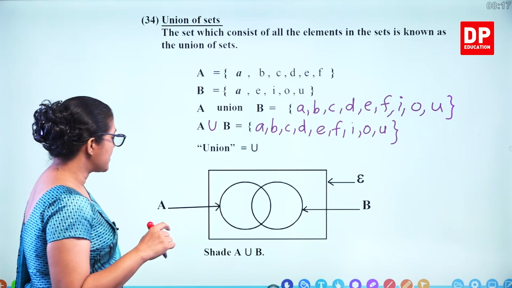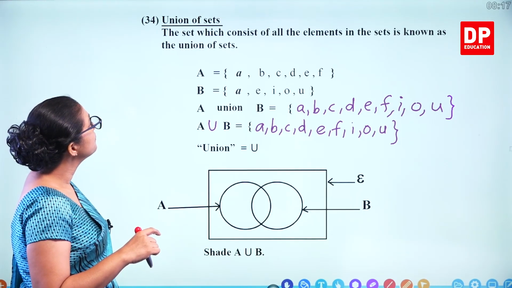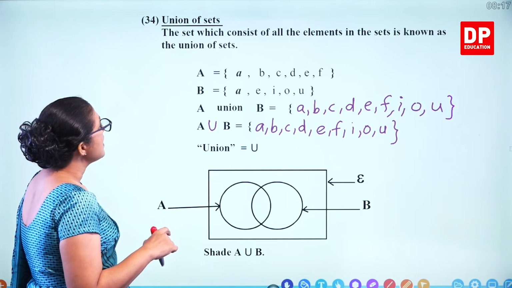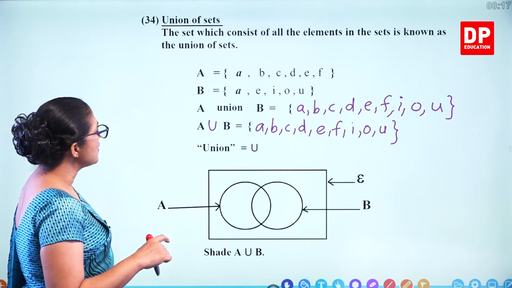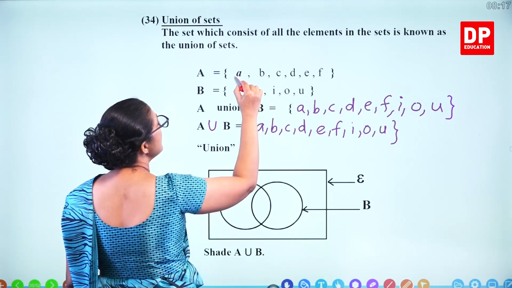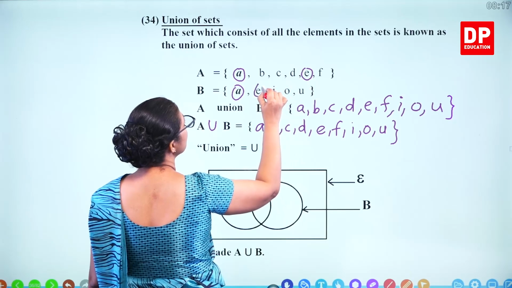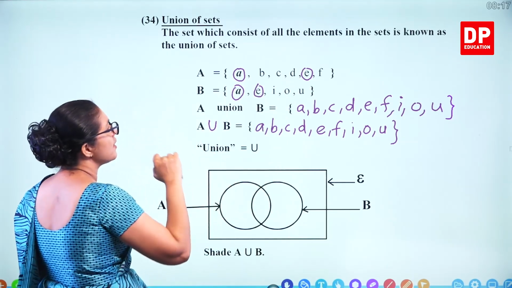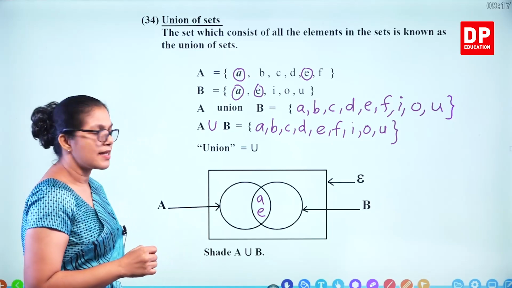Now how do we represent that in a Venn diagram? A is A, B, C, D, E, F. First we need to identify common elements in A and B: A and E. I, O, U are not in A. So A and E go inside the intersection.